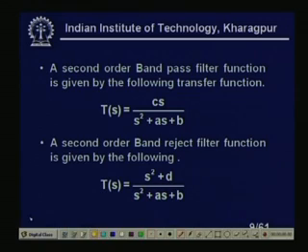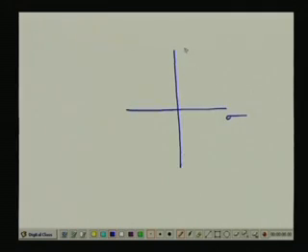The pole zero pattern will look like, if I take a blank page, the sigma j omega plane, right. So, we have complex conjugate poles, these poles always lie on a semicircle, and complex conjugate zeros will be there, right. So, this is our band reject function, clear.